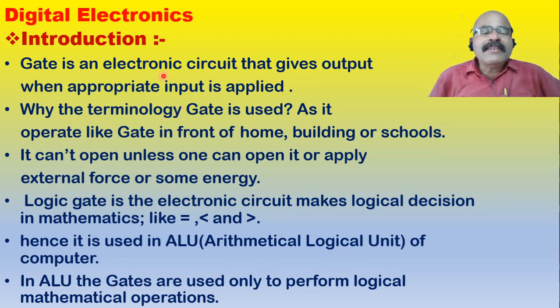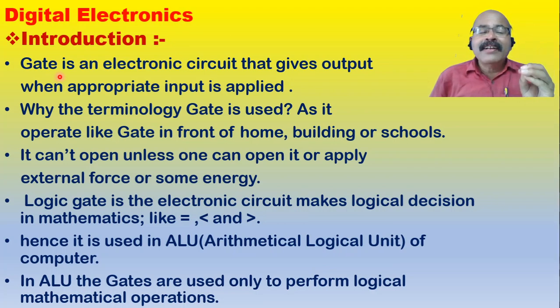In digital electronics, the concept of the gate is very important. What is a gate? A gate is an electronic circuit that gives an output when and only when the appropriate input is applied. It operates only when input is given to it.